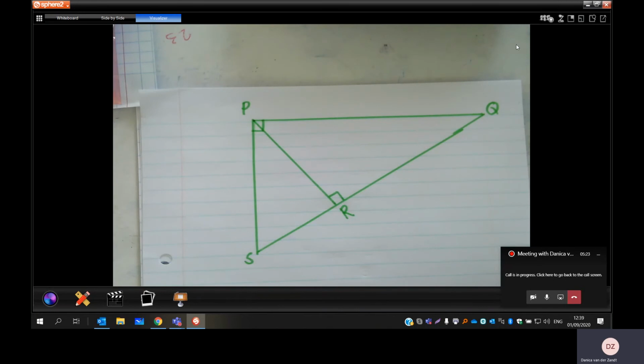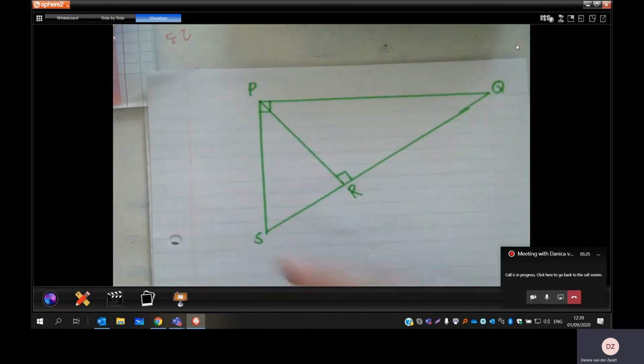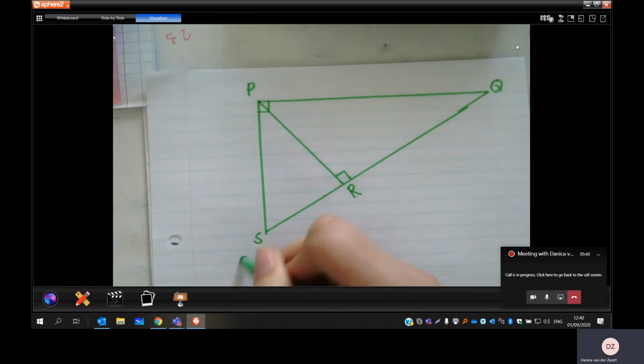I want you just to name the side lengths of the following. Sine of S, cos of S, tan of S, and these are all in triangle SPQ.